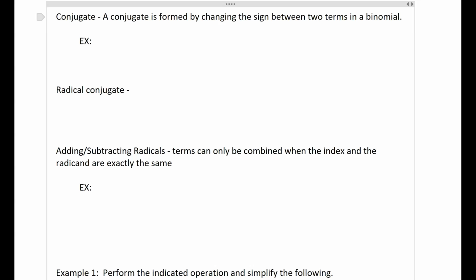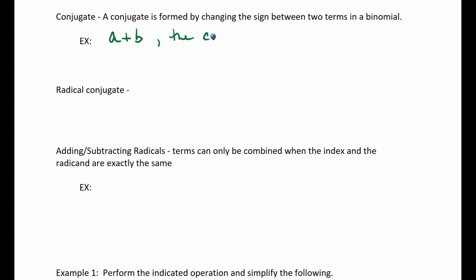All right, so for example, I could give you the binomial A plus B. And its conjugate is A minus B. So you just keep the first term and then you flip the sign in the middle and you keep the third term.